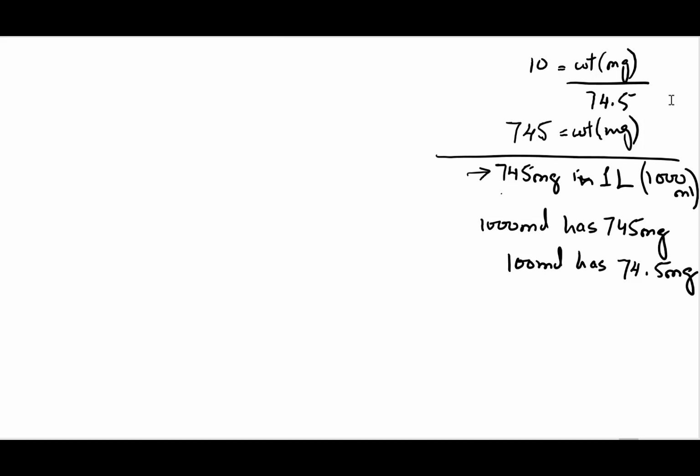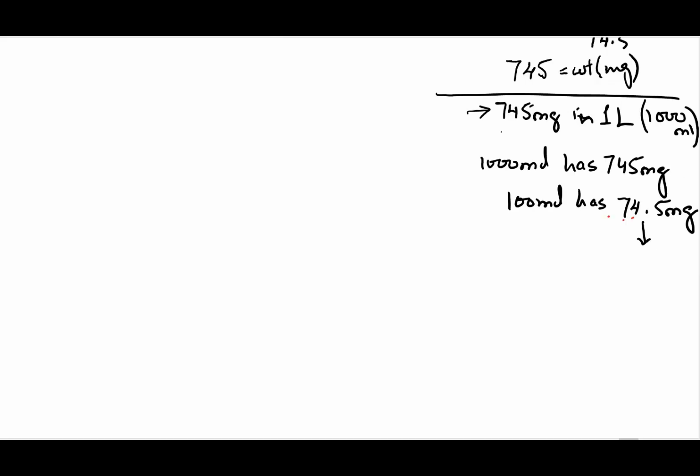But remember, the percentage is the number of grams per 100 mil. So I want to find out how many grams are present in 100 mil. Let's convert this into grams. Going from milligrams into grams, from a smaller unit to a bigger unit, the decimal will move towards the left by 3 places. So that will be 0.0745 grams.